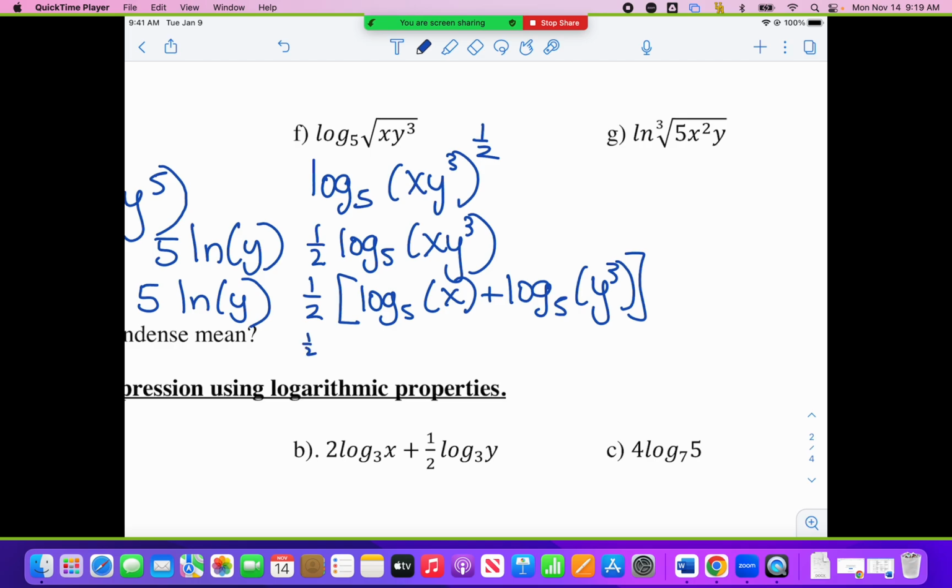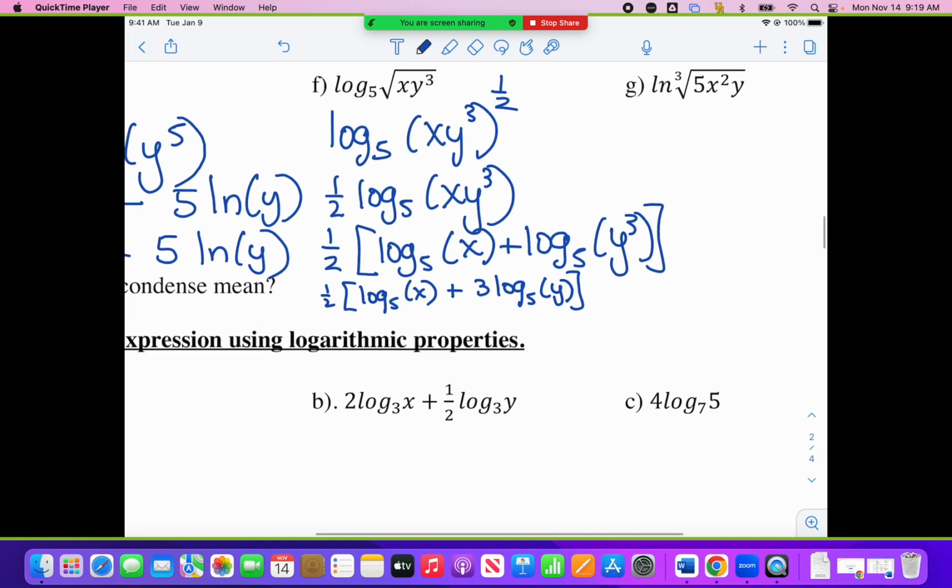And then I'm going to get 1/2 log base 5 of x plus 3 log base 5 of y. And now I'm going to distribute the 1/2.